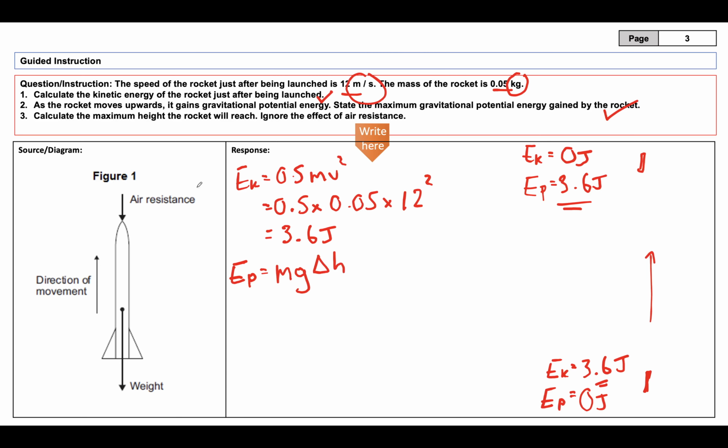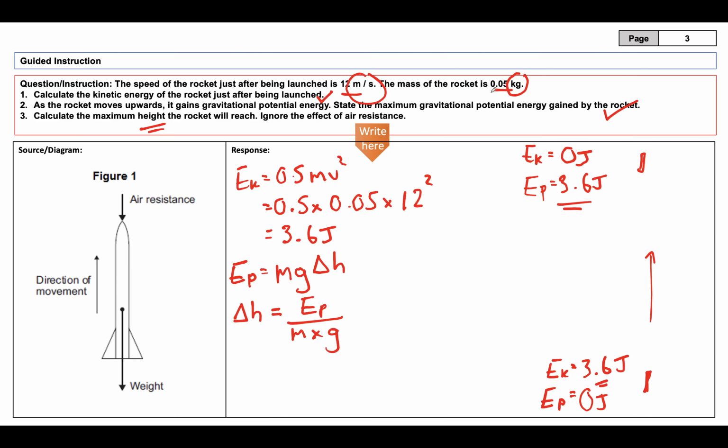What I'm interested in is the height. So I'll need to rearrange this to make h the subject. And I'll do that by moving these two underneath. I'll divide everything by mass times gravity. That will give me change in height equals potential energy divided by mass times gravity.